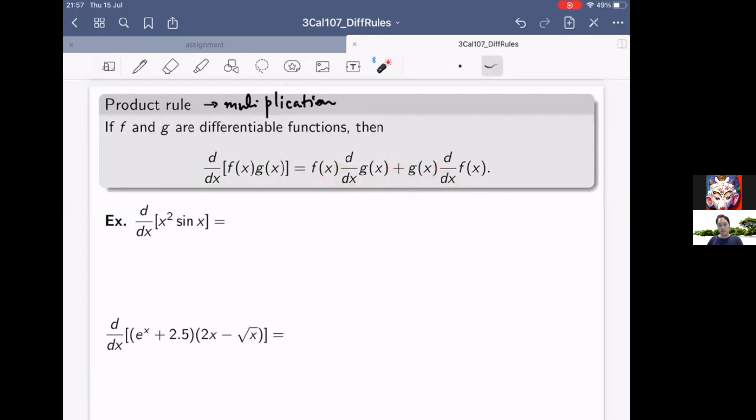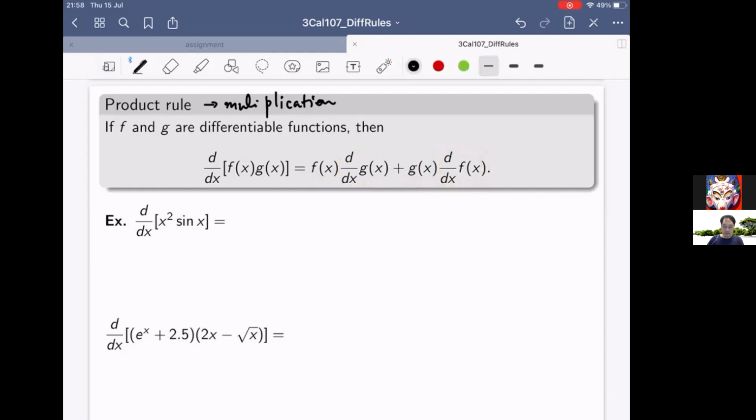So there are two terms added. In the first term, you copy f and multiply it with the derivative of g, and in the second term, you copy g and multiply it by the derivative of f.